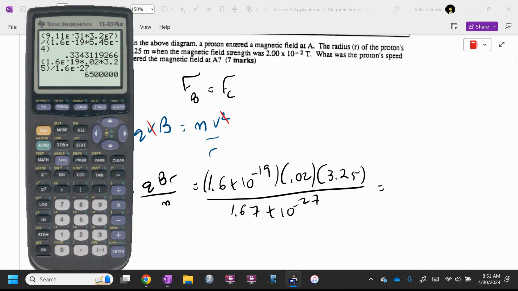Oh, that worked out evenly, which is a total fluke, but we'll take that. Did you get 6.5 times 10 to the 6th? Is that right? Okay, I got to type it.